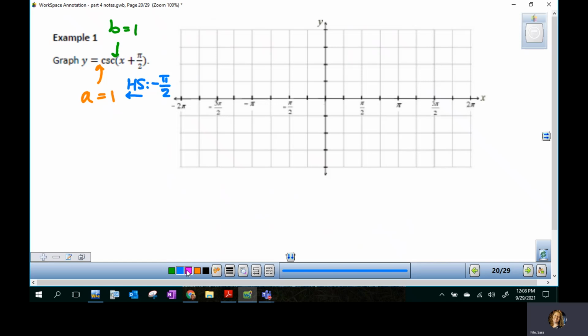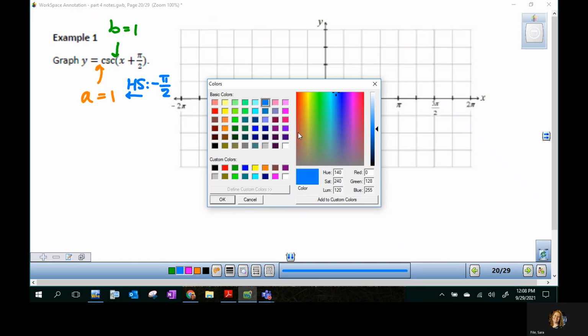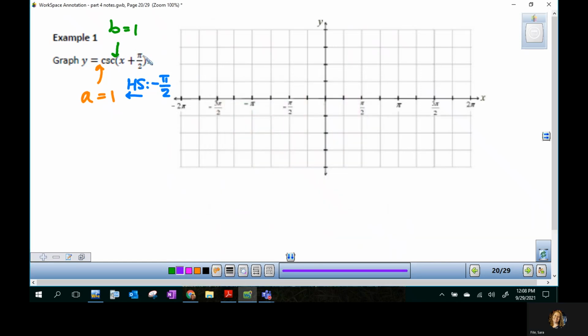Okay, is there a vertical shift? No, if there was a vertical shift, there would be a number added or subtracted on the outside of the parentheses, and there isn't, so there is no vertical shift. Okay, so this is what we know. No stretching or compressing vertically or horizontally, no vertical shift, just shifted to the left pi/2.